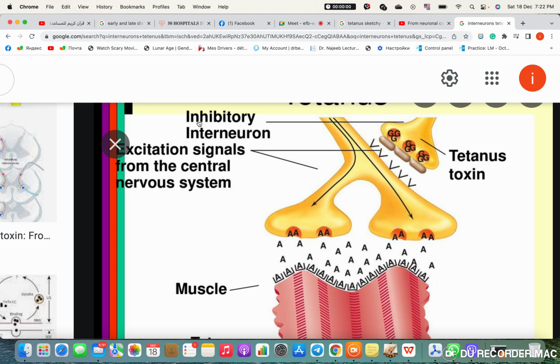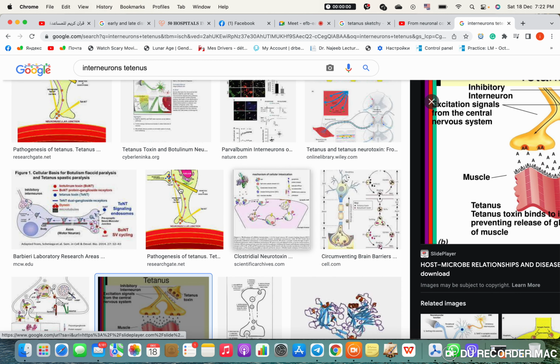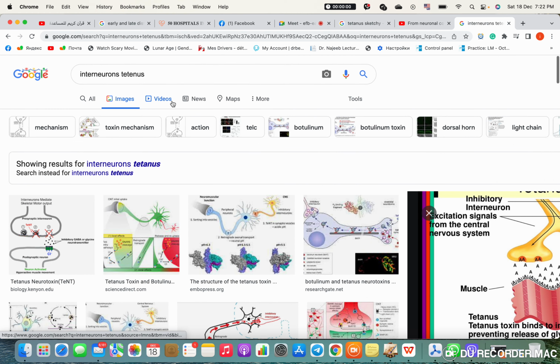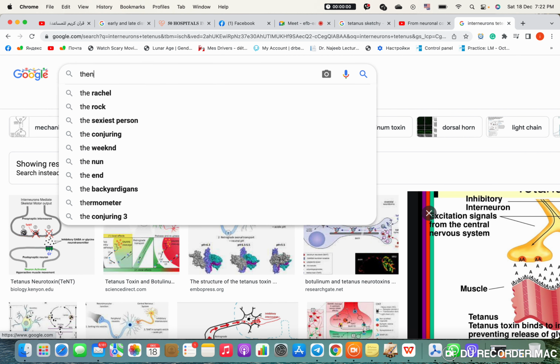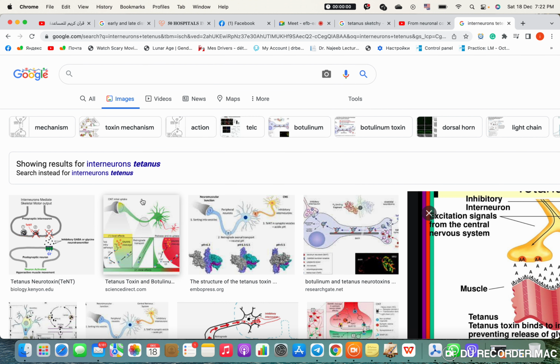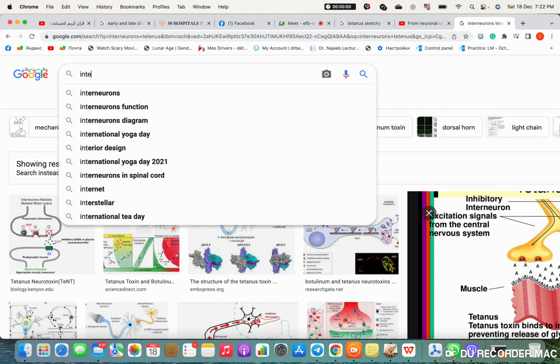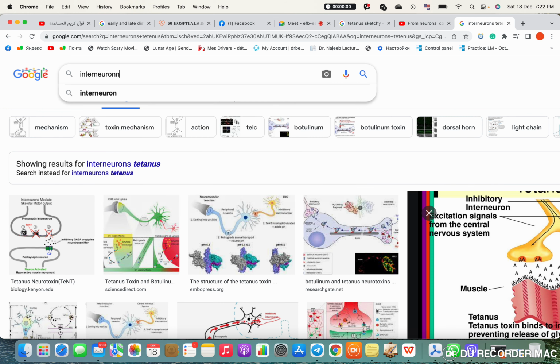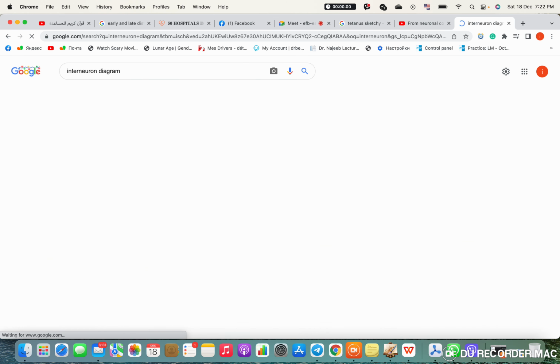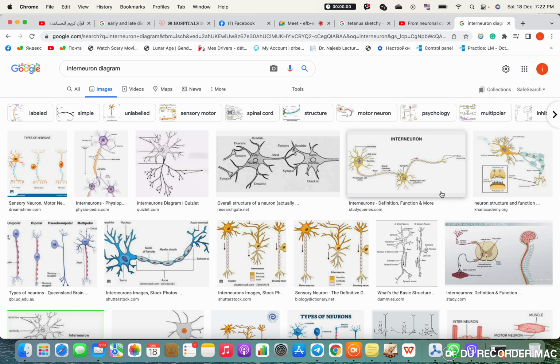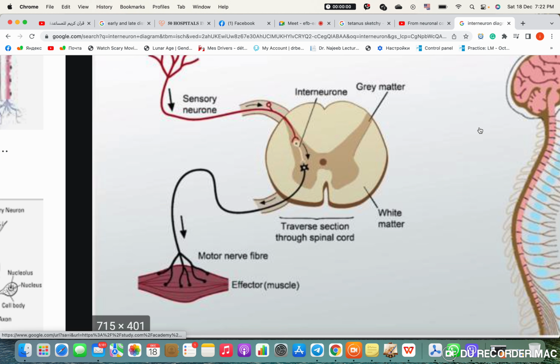Two notes. First of all, the ones who release the glycine and the GABA are called inhibitory interneurons. This is the first note. The second note, I'm trying to find their location. I cannot find it, so I will tell you exactly where they are. They are located in the spinal cord. Okay, guys? I cannot find an exact picture of them, but oh yeah, here they are.